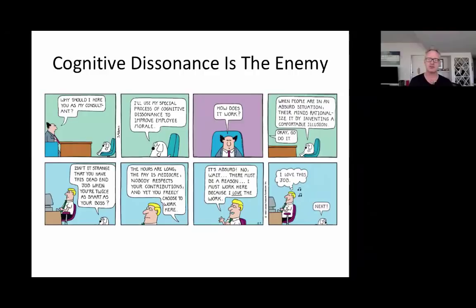Cognitive dissonance is very simple to understand. Your brain is running a movie reel about the way things are supposed to be, right? Sky is blue, earth is round, this is right, this is wrong, etc. When something else comes along that does not agree with the movie we're playing, right? And the movie could be affected by our culture, by our upbringing, by where we live, by our race, by our ethnicity, maybe those are the same things, by our gender.